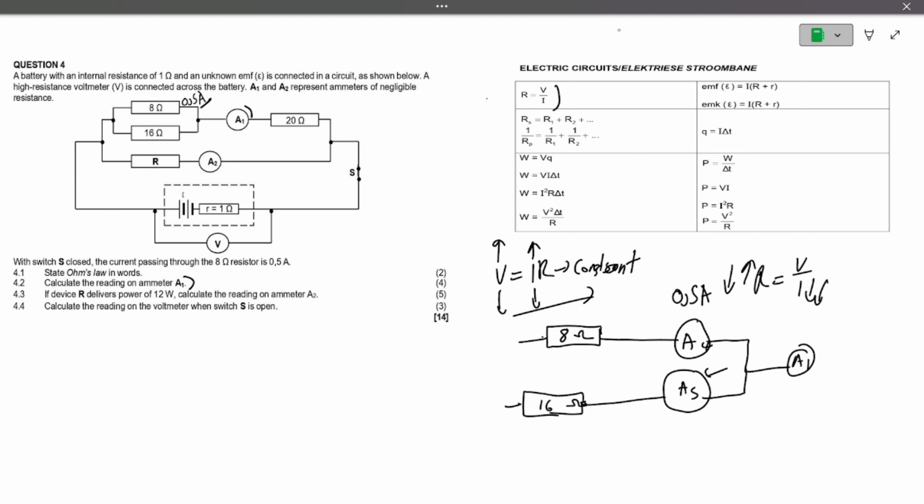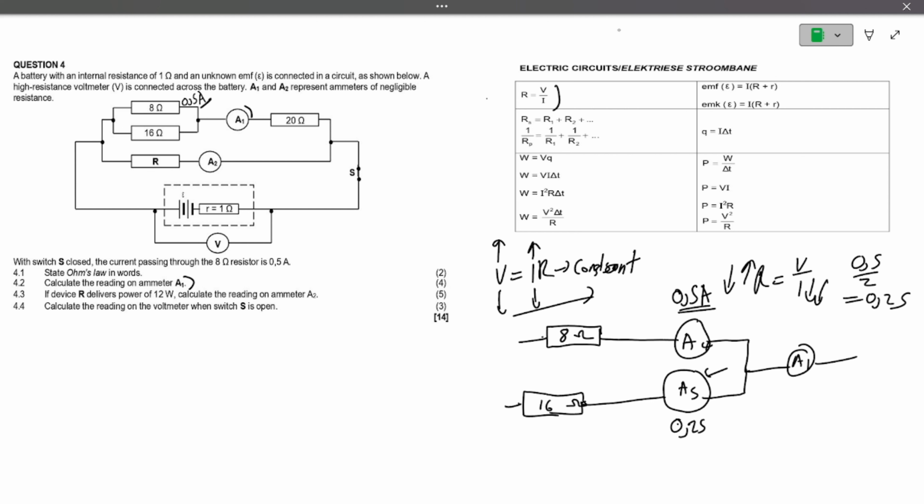So it means that if one current is 0.5, we have to just find half of 0.5, and that is 0.25, which is the current passing through here. For the current to come and be divided, it has to be divided into these branches.